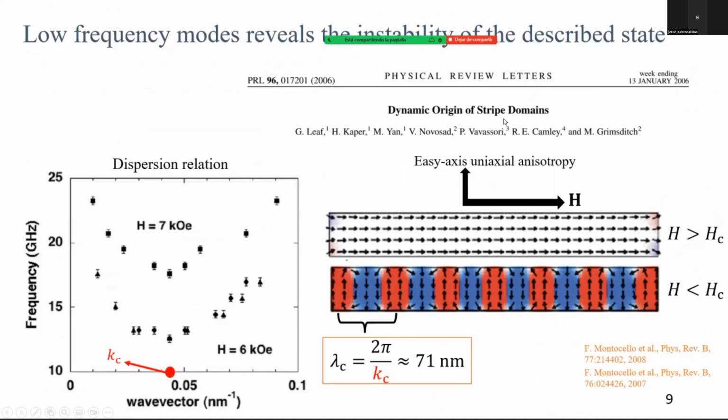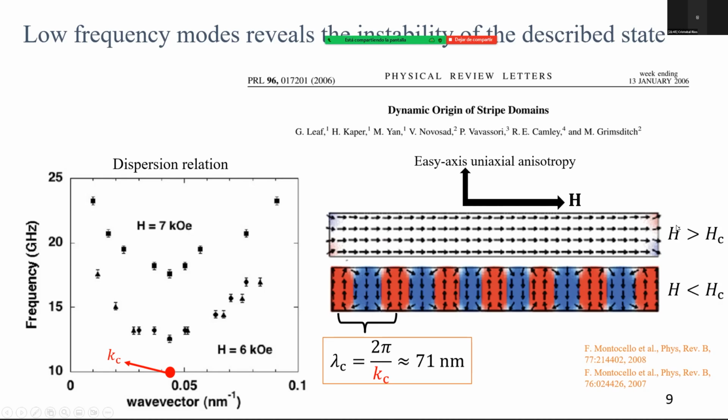The interesting part of this is that a few researchers have demonstrated that these low frequency modes are associated with the origin of different magnetic textures. For example, in this system we have a magnetic field to the right and an easy axis uniaxial anisotropy to the top.